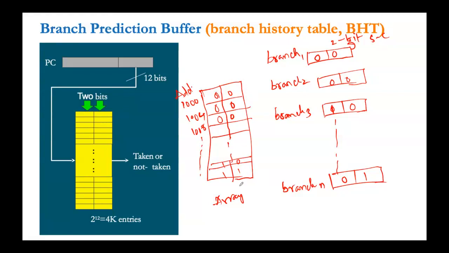By combining all these together as an array, we call this the branch history table. In this branch history table, there will be at most 2 to the power of k entries. In theory, 2 to the power of k entries means it can accommodate 2 to the power of k branches.